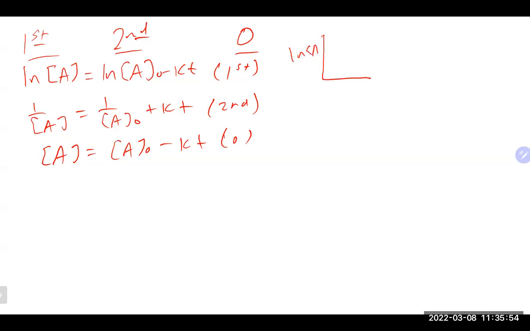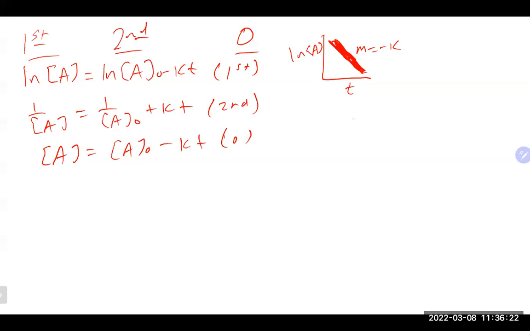We also talked about some specific graphs that go with these. Natural log of A versus time will yield a straight line, where the slope is equal to minus the rate constant. Our line has a negative slope, giving us a negative and a negative, which gives a positive value for the rate constant.